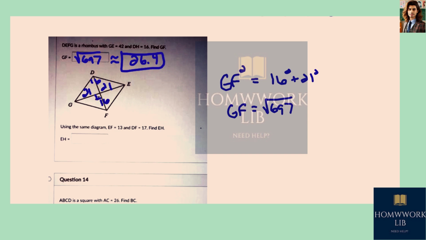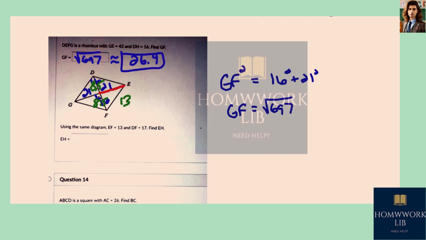With the same diagram, if EF was 13, I'm going to do it in green now. If EF was 13 and DF was 17, that would be 8.5 on each side. Then find EH.